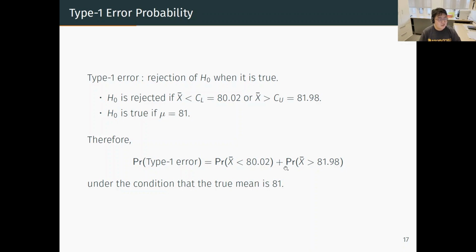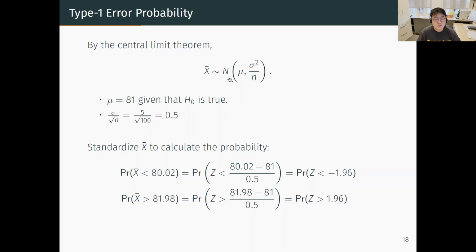Then how do we calculate that probability? You know how. We are going to approximate x bar, the sample average, with a normal distribution, and we know its parameters because the mean is 81, because that's our assumption. We assume that the null hypothesis is true, so the true mean should be 81.